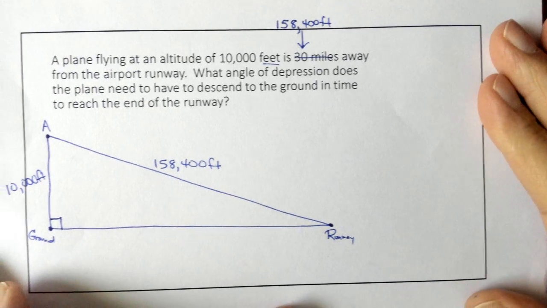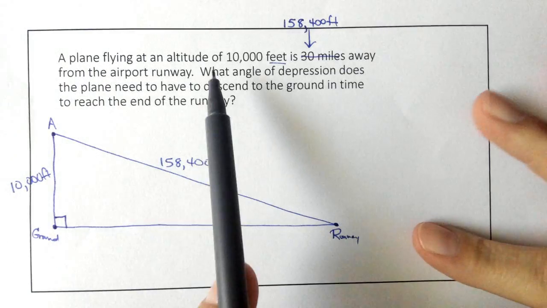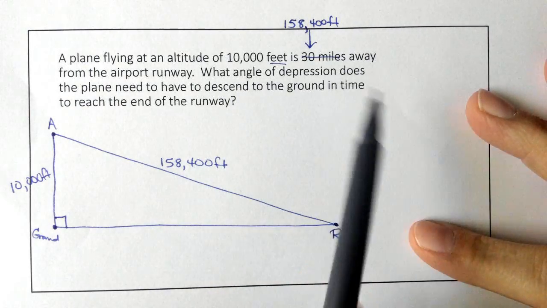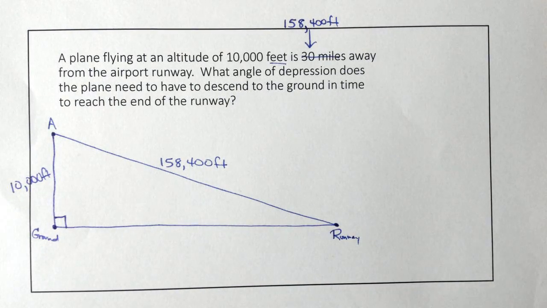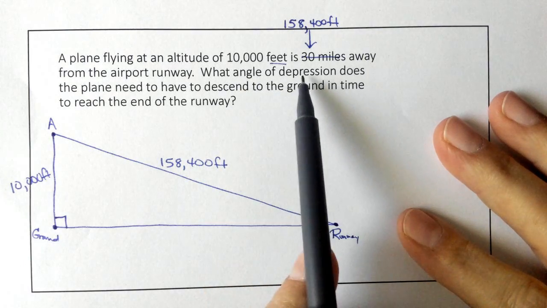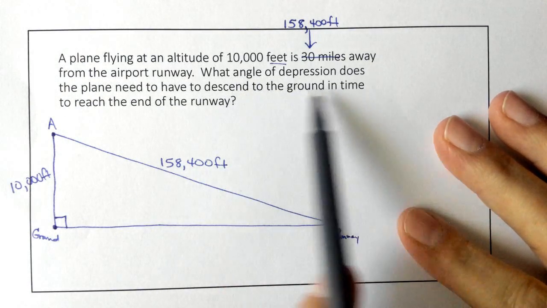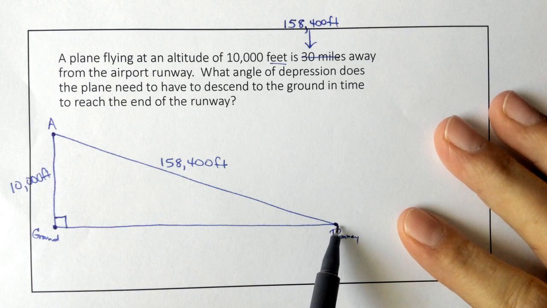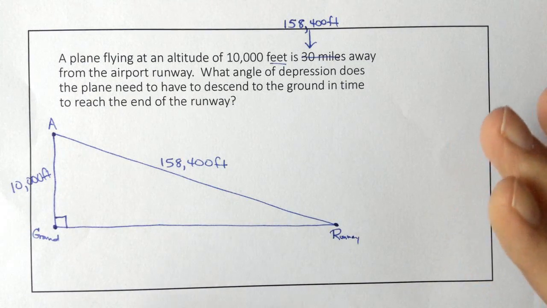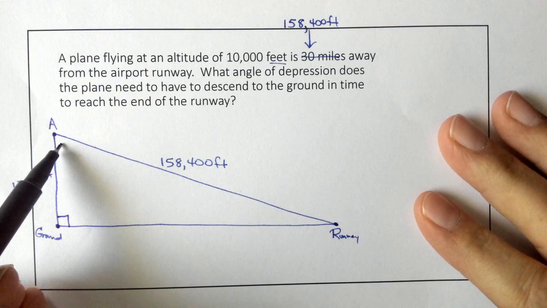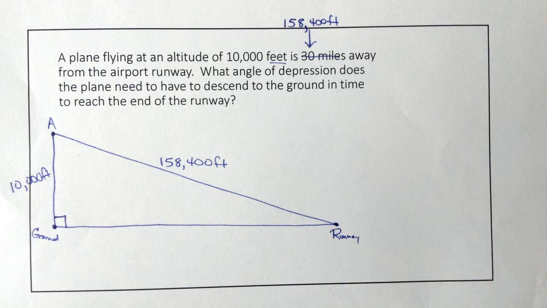What do we want to know? We want to know the angle, what angle of depression. I'm going to solve for a missing angle, just like I did yesterday. What angle of depression does the plane need to have to descend to the ground in time to reach the end of the runway? So which angle is it? Is it this angle or is it this angle? And this is a classic error that students often make.